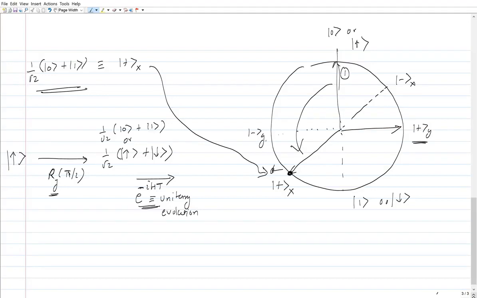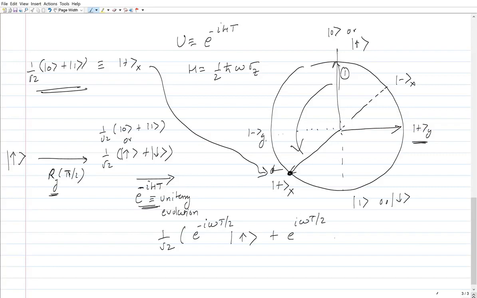What is going to happen is that the eigenstates of sigma z, notice my Hamiltonian was given by half h bar omega sigma z, so I just get a relative phase shift, a phase difference. The eigenstates plus and minus are going to pick up these phases due to the unitary evolution.